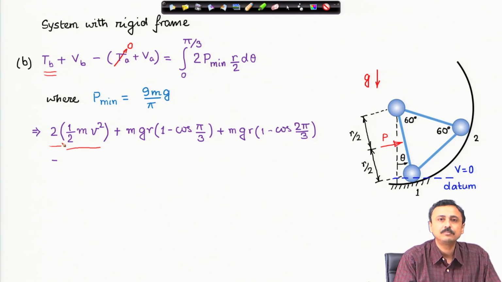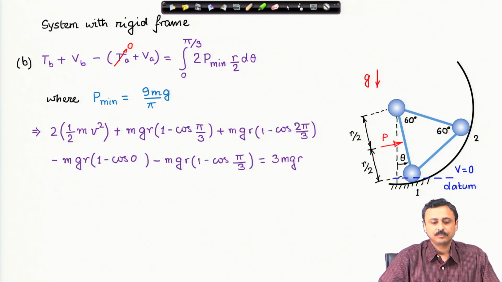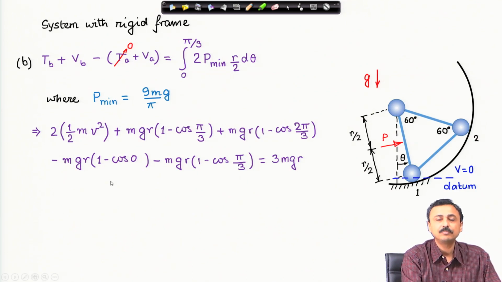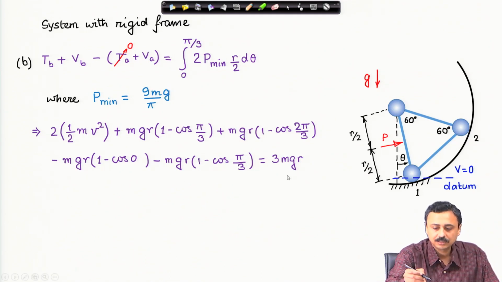And we have, as usual, the potential energy expressions, and potential energy in state A. So, total energy in state B minus total energy in state A must be equal to the work done by now 2 times P min, which turns out to be 3 mgr.